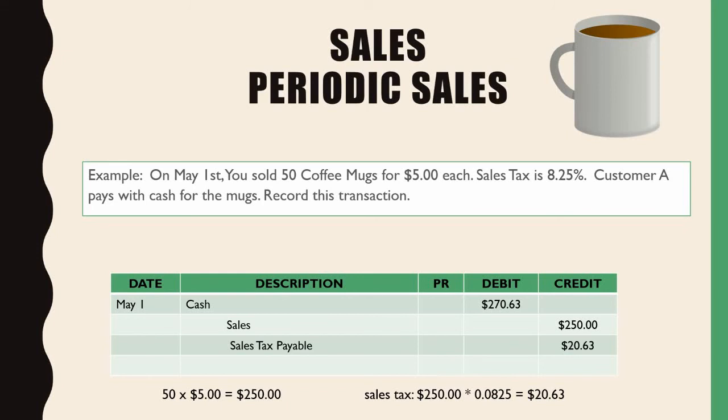No one's going to cut up a penny and give it to you. So you need to round to the nearest cent. Once you've done that, you add the sales tax to the product that you sold, and you're going to get a grand total of $270.63.